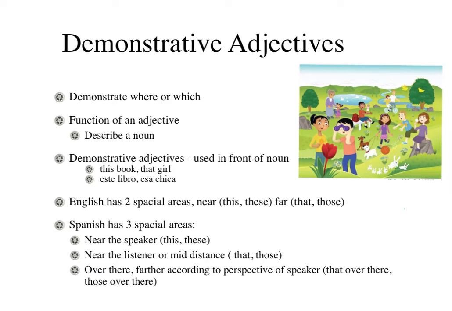Most of our adjectives in Spanish come after the noun that they describe. For example, I might say el chico joven. In Spanish, joven has to come after el chico.